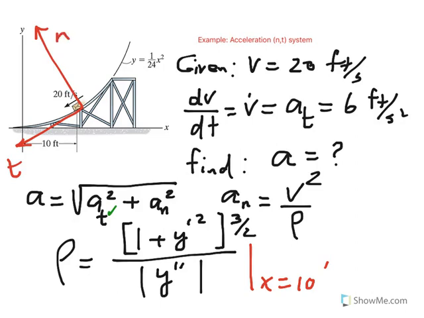At this instant, the 6 was given, that was a sub t, and we just determined that the normal acceleration is about 15.11. So the magnitude of these two is this blue arrow, which came out to be 16.3. That becomes the magnitude of acceleration.